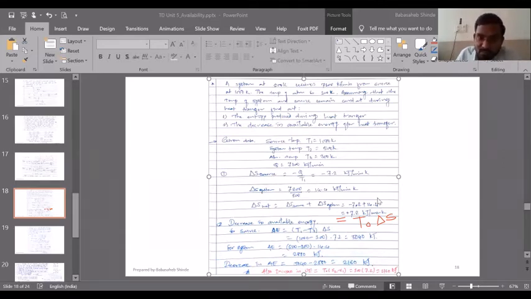The temperature of atmosphere is 300 Kelvin.